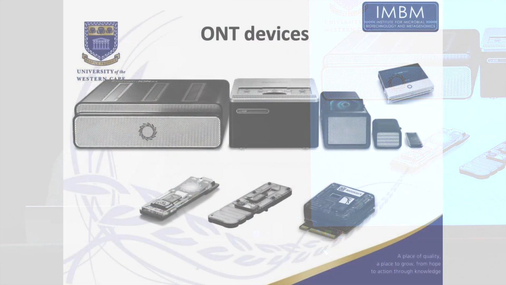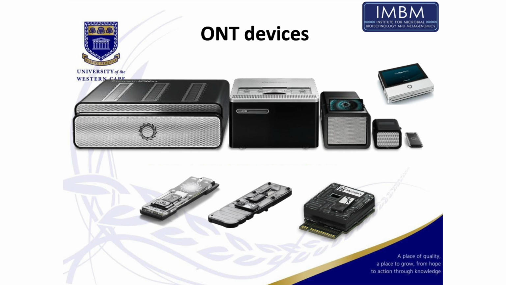Right. So just to show you, you're going to see this machine in the lab. They've made several different form factors. So this is the big daddy, the Promethean. Then they've got the GridION, the P2 Solo. This guy is what I showed you earlier that does the 500 gigabase. So it takes 2 flow cells.